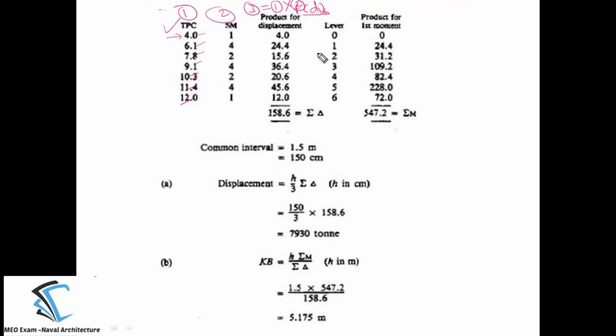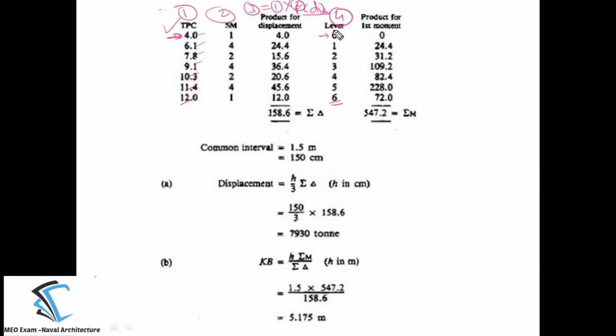Then the column number 4 is the lever, starting from 0, 1, 2, 3, 4, 5, 6. You can see here this lever, the TPC which we have taken here, that is at the keel.